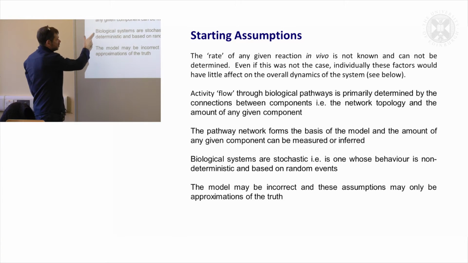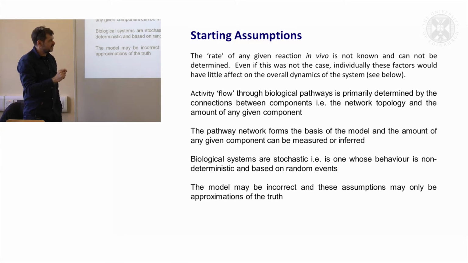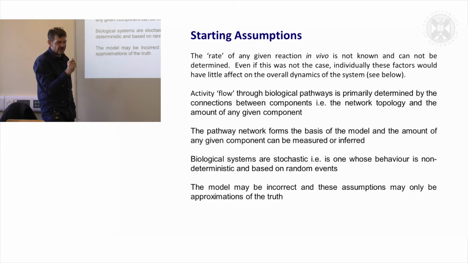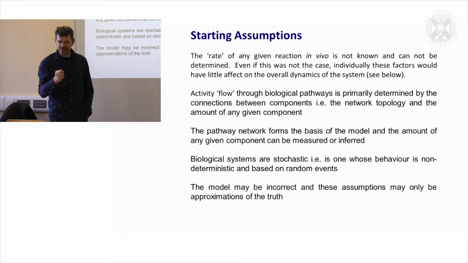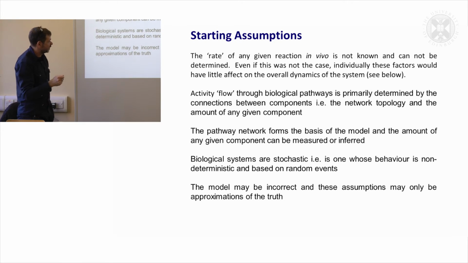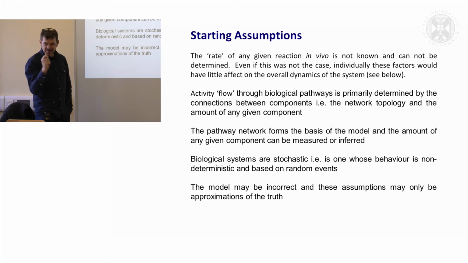We also assume that biological systems are stochastic, i.e. one whose behavior is non-deterministic, so that we might do the same thing on two different days and get a slightly different answer, or a series of cells within a dish might all respond slightly differently. So it's the randomness of biology which is evident there. And of course, the other important thing we must bear in mind is that the model may be incorrect.